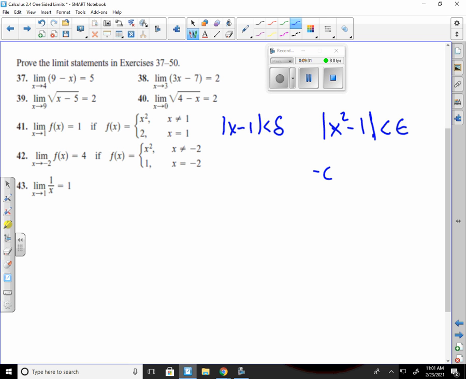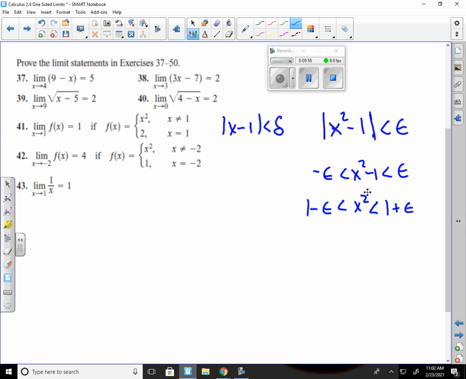So I have negative epsilon is less than x squared minus 1, which is less than epsilon. Add the 1 over. That's 1 minus epsilon is less than x squared is less than 1 plus epsilon.